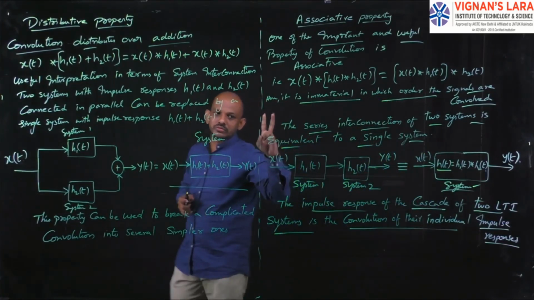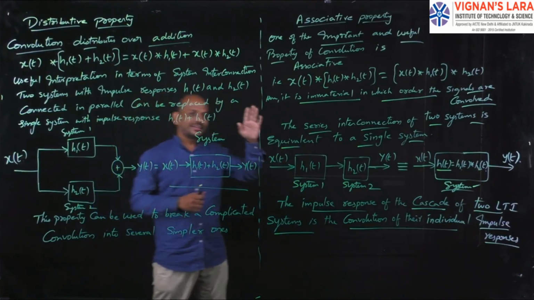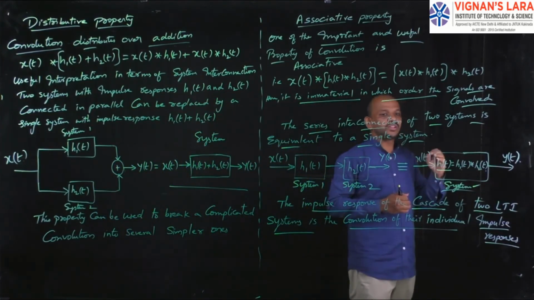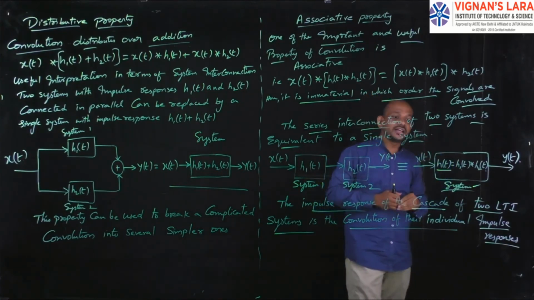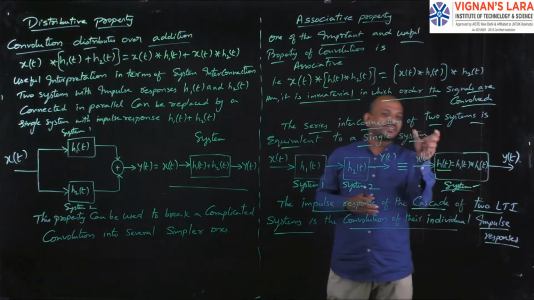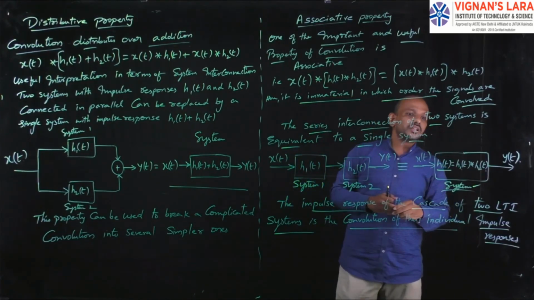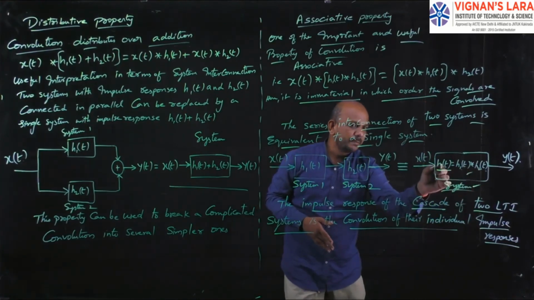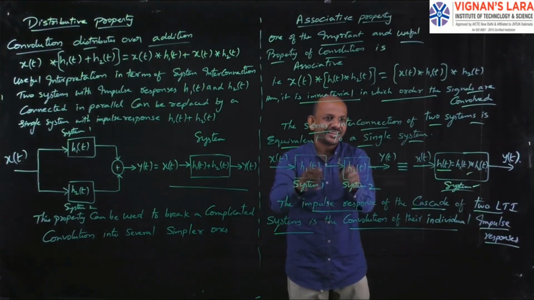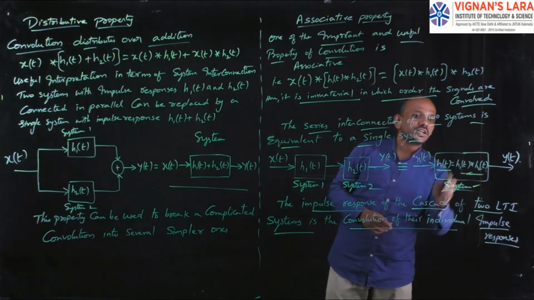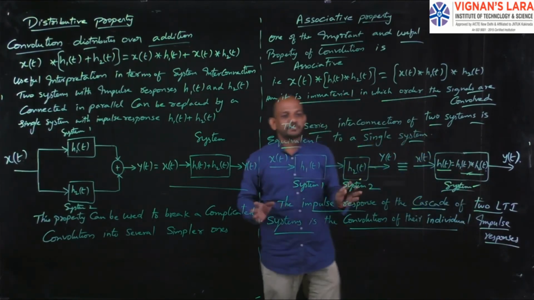Whenever two LTI systems are connected in cascade, the impulse response will be equal to the convolution of their individual impulse responses, like this.